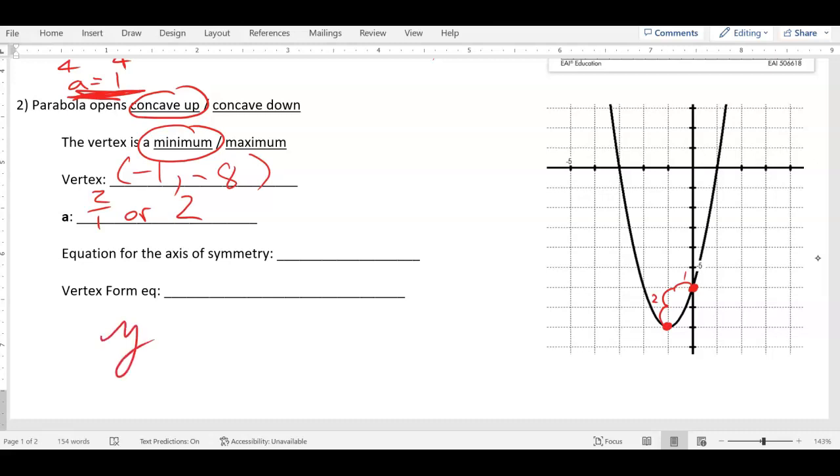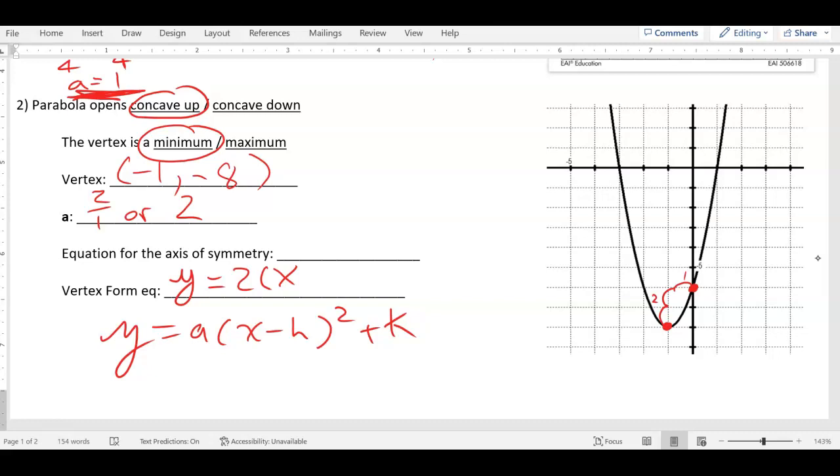So remember, it's this. So who can tell me, how do I write this using that a and that vertex? What should I write? I'll start you off. Y equals what? 2. A is 2. Parentheses. X. What do I put?